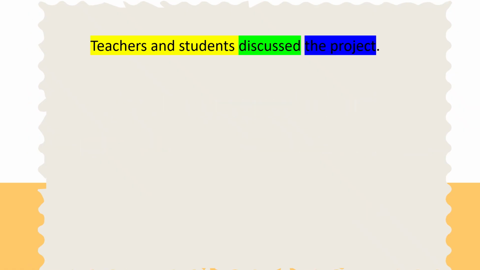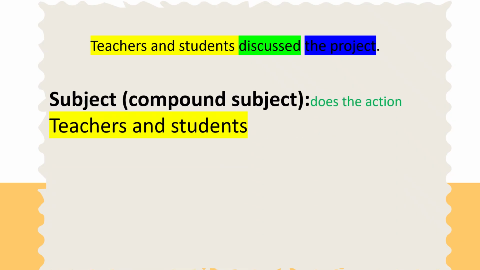Let's analyze this sentence further. Teachers and students discussed the project. Here, the subject is teachers and students. The subject does the action. The action is the verb, discussed.